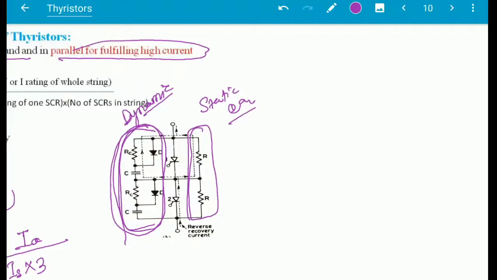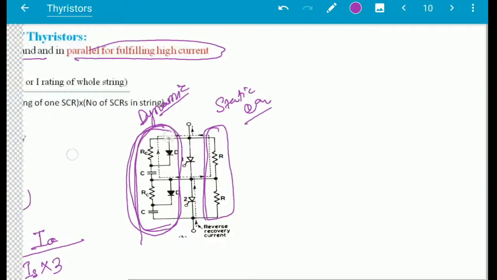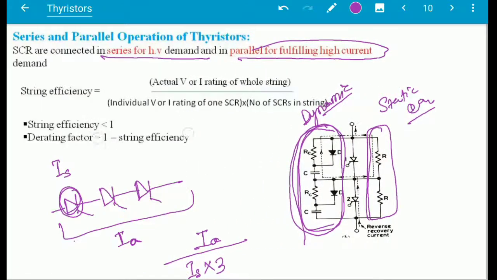So when we operate many thyristors, they should be kept on a heat sink, symmetrically connected to the heat sink, so that the temperature of all the thyristors will be the same. Sharing of the voltage between thyristors operating in series is influenced by static VI characteristic and leakage current. So this is the end of this topic, and thank you for watching up to here.